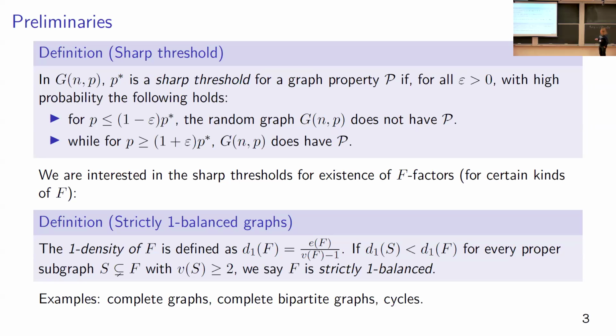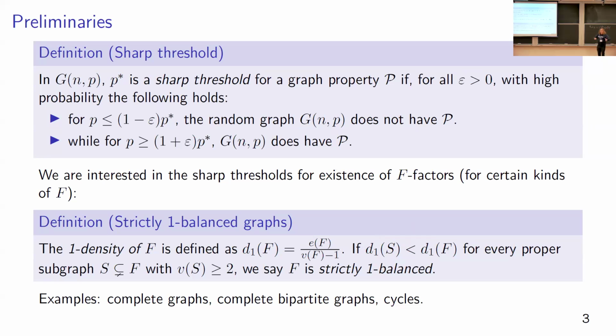So it turns out if you look at covers and factors, this is the right notion of a density, but it's maybe a bit artificial like this. And then, well, we say a graph is strictly 1-balanced if whenever I take a strict subgraph of this graph, the density of this subgraph is going to be strictly less than the density of the entire graph.